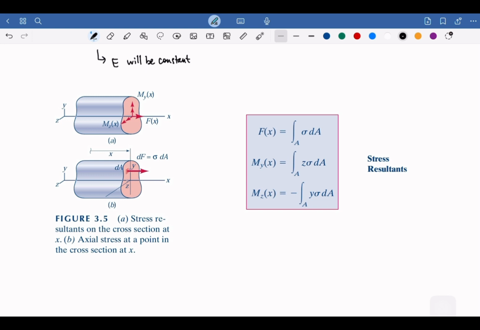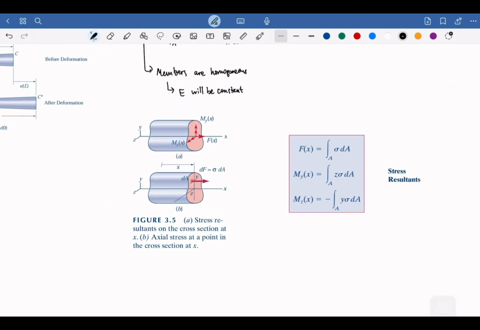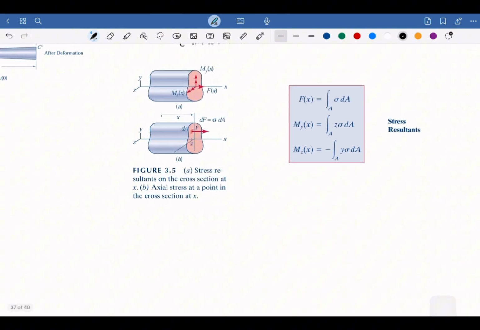Okay, now from this stress resultant, since we have, let me write again, a homogeneous and linearly elastic member, then we can have the modulus for the Hooke's law.